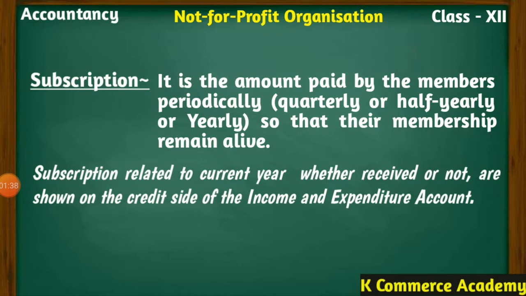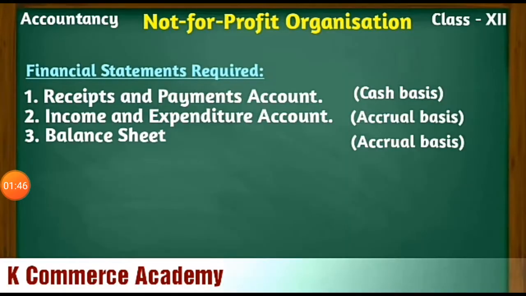You must be remembering that in the financial statements of a non-profit organization, we prepare the receipts and payment account, the income and expenditure account, and the balance sheet, of which the receipts and payment account is prepared on cash basis, while the income and expenditure account and balance sheet are prepared on accrual basis of accounting, because the nature of subscription is income or revenue for the organization.